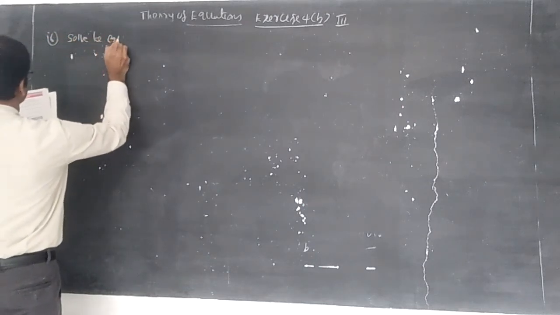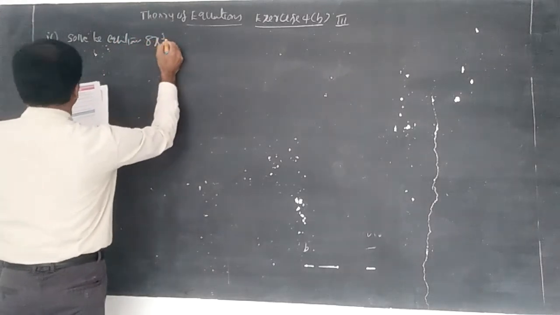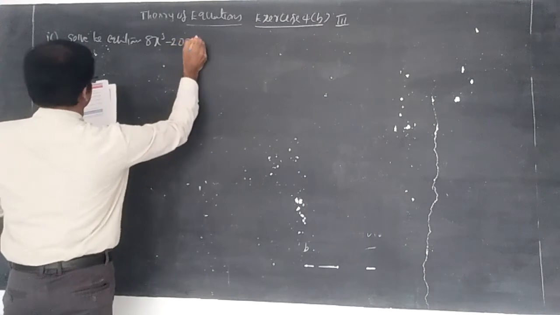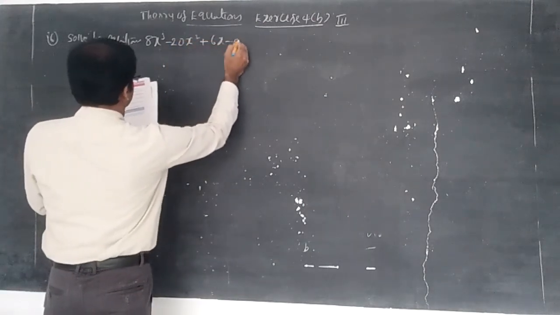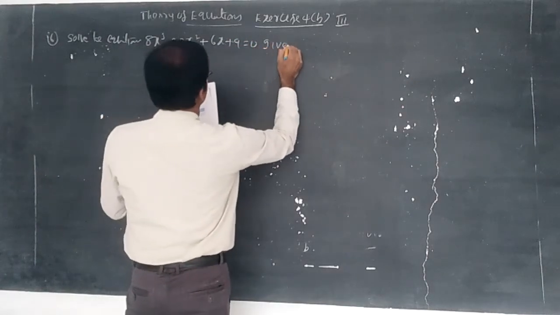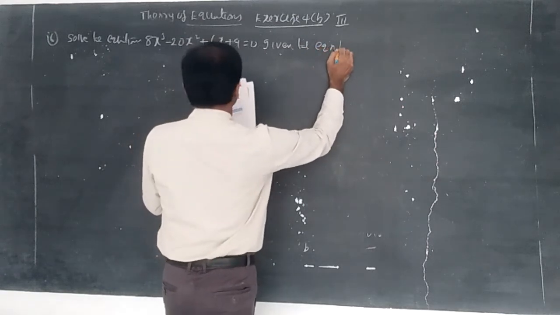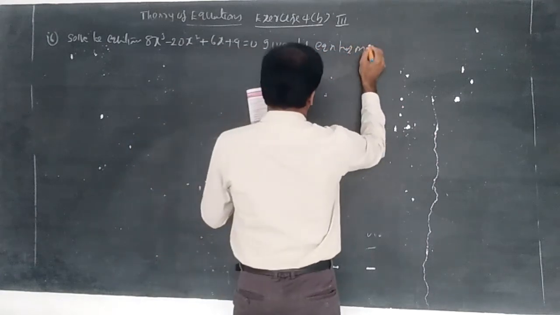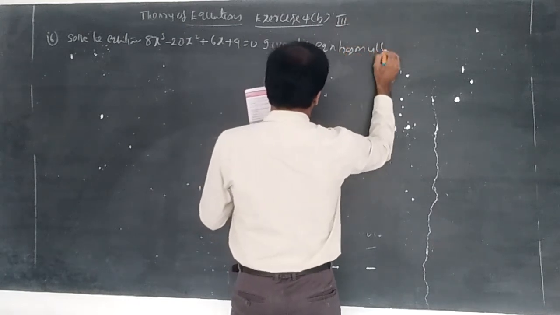Sixth question: solve the equation 8x cube minus 20x square plus 6x plus 9 equal to 0, given that the equation has multiple roots.